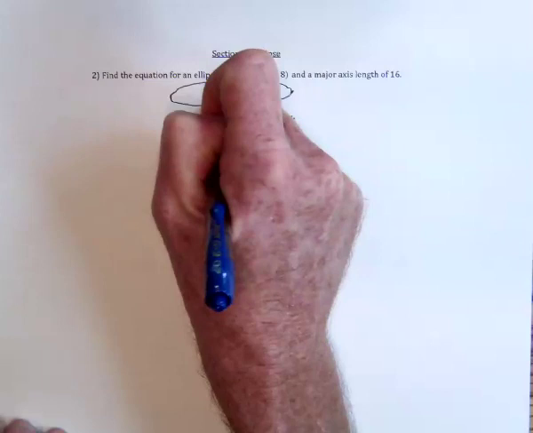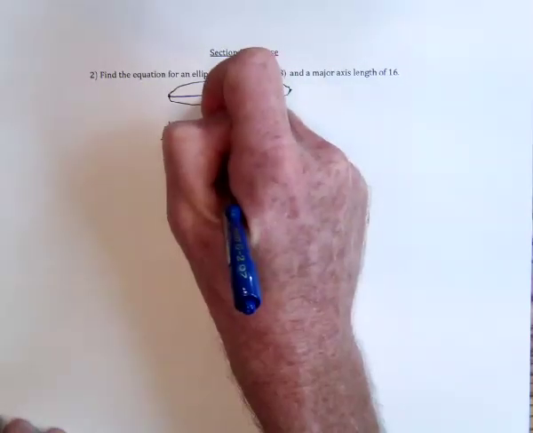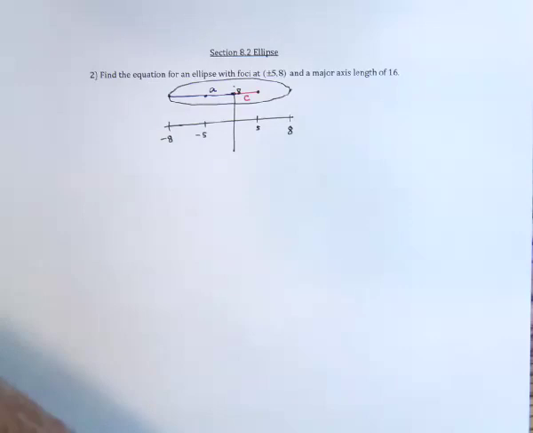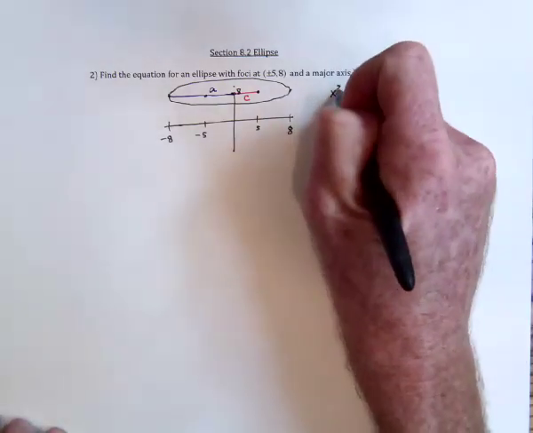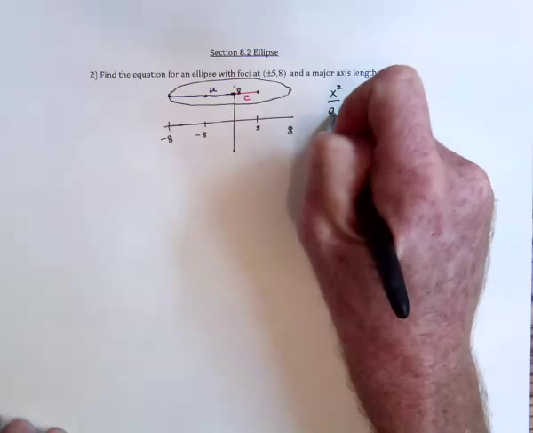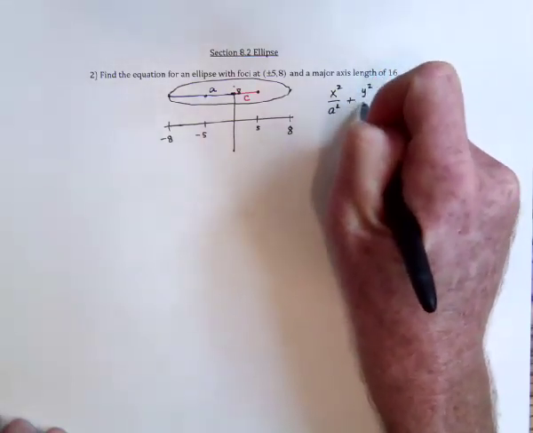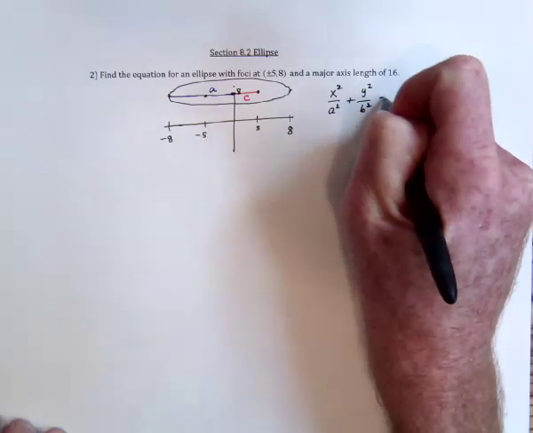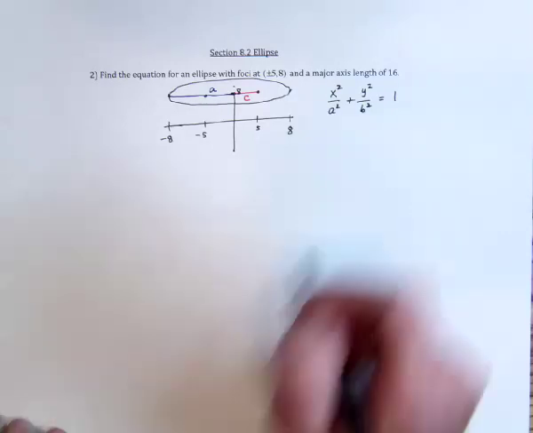The distance out this way is 8, and that's called A. And the general form for an ellipse looks like this. So we need to find out the B.